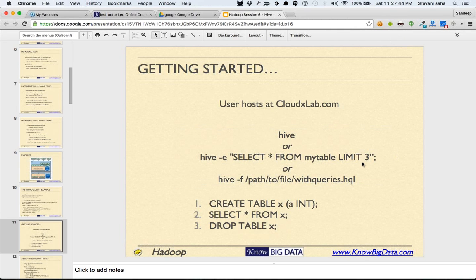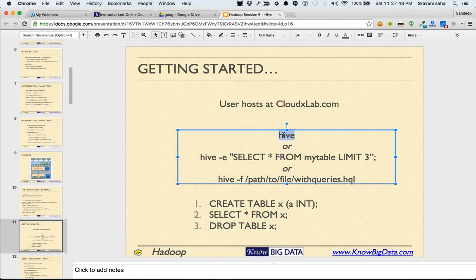So this is how you can call Hive like this. In this case, it will start the prompt. If you just want to execute a single Hive query, you can simply say hive -e and then the query. Or if you have written your whole SQL into a file, then you can say hive -f and the file name.